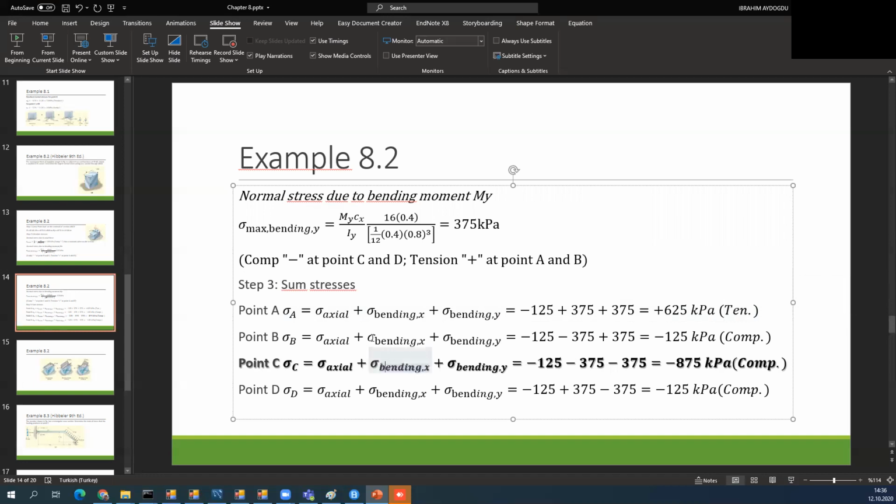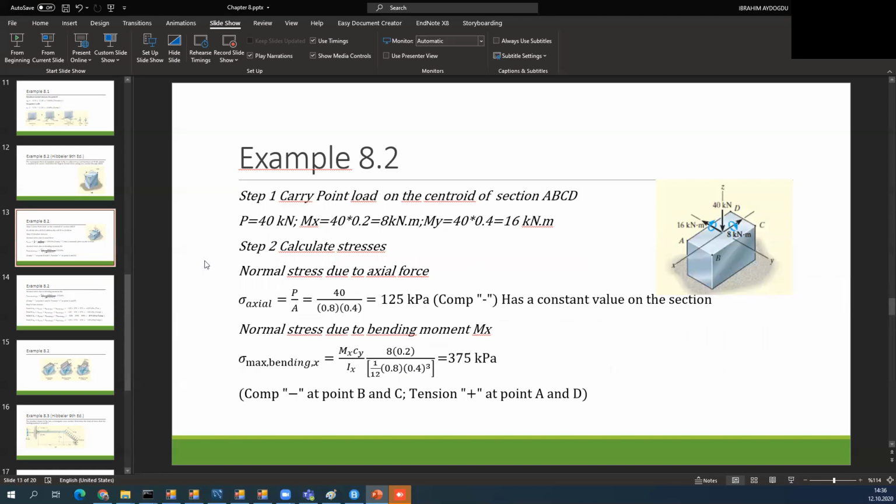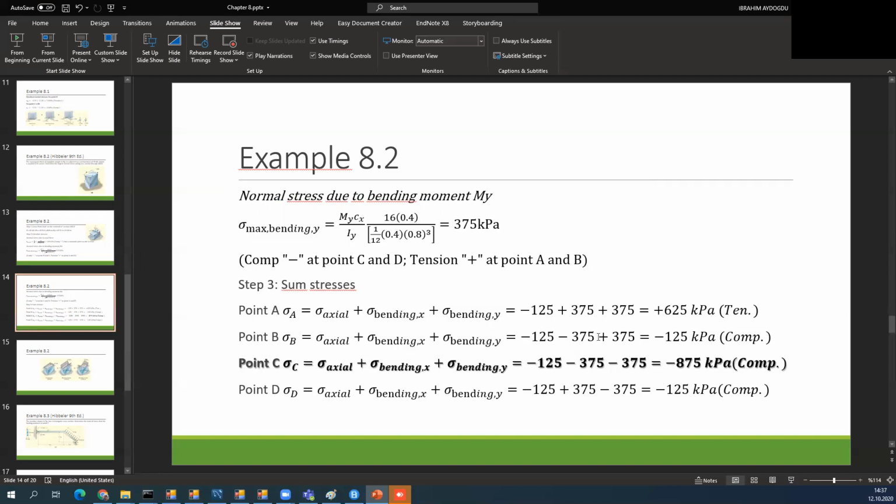For point B, axial force is same, 125 minus. Bending X, let me check, in here is the compression side. Therefore, I write the negative 375.